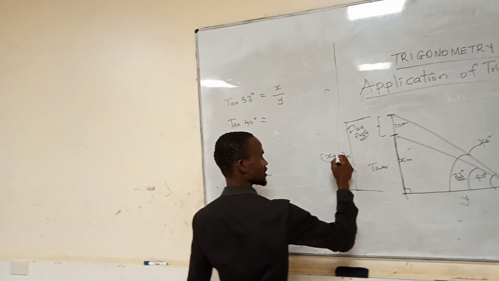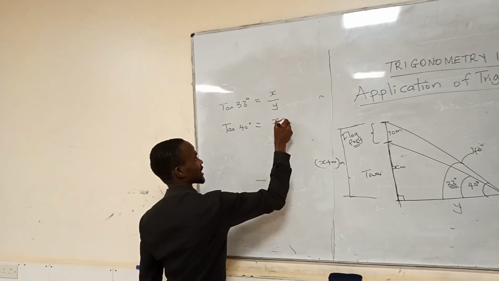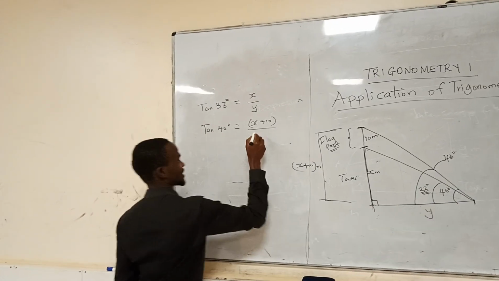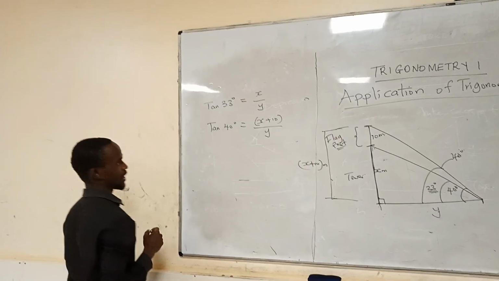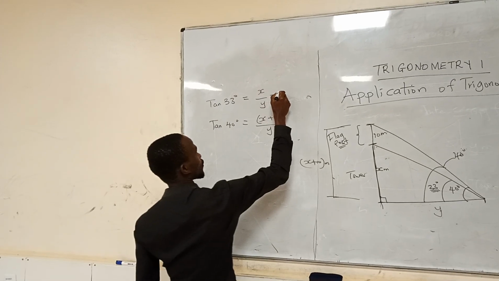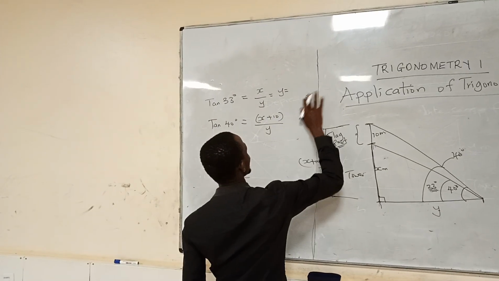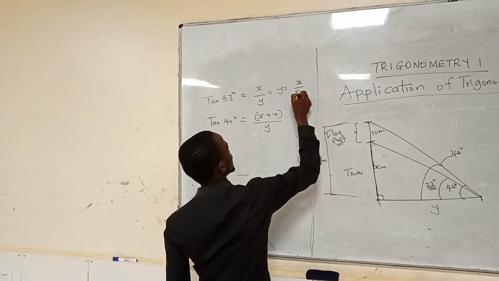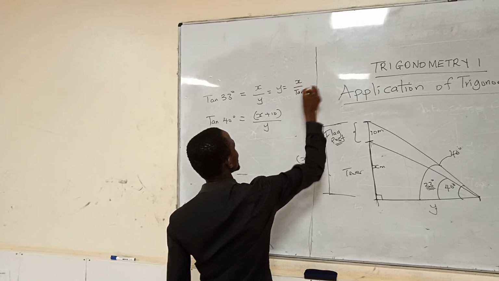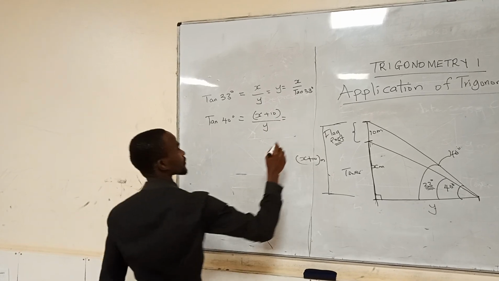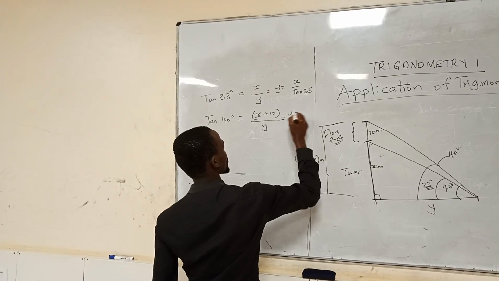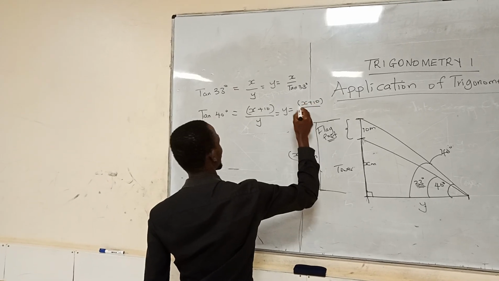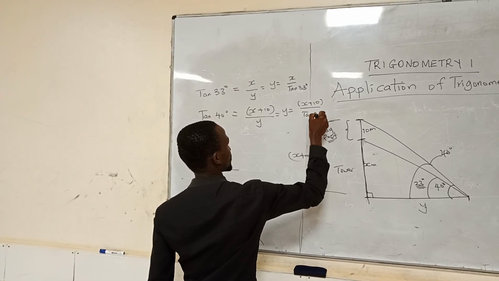Now the opposite will be the whole of this, which is x plus 10, divided by that adjacent y. So in this case, y is equal to x over tan 33 degrees. In this case, y is equal to x plus 10 over tan 40 degrees.